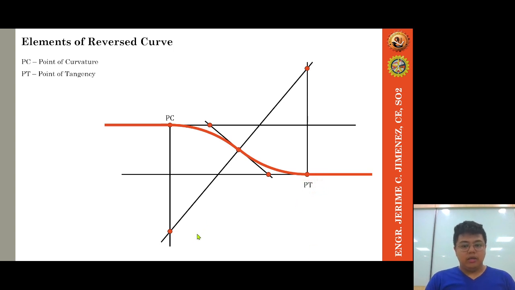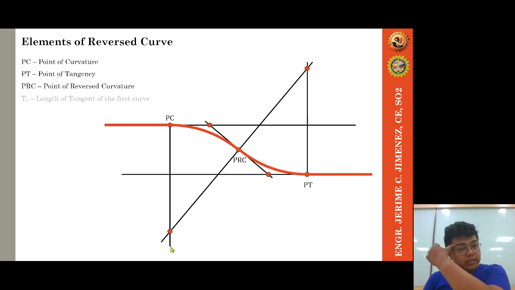Okay? So we have here the PRC. Ito yung portion na to, yung PRC. Okay? And that PRC is also called the transition point. So this is where the transition of the first curvature and the second curvature happens. Okay? So dito magta-transition yung curves natin. Okay?